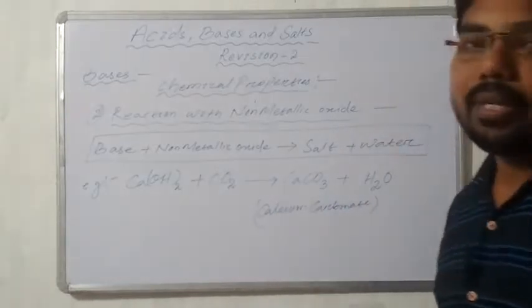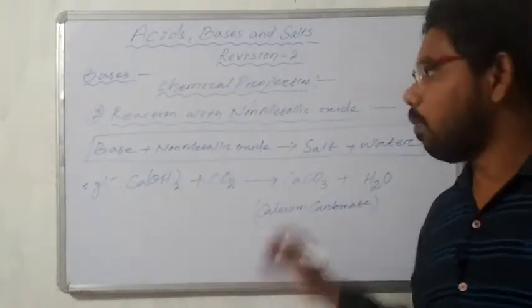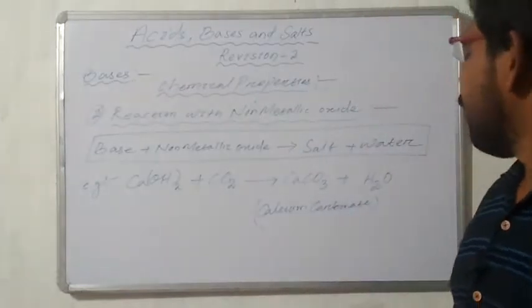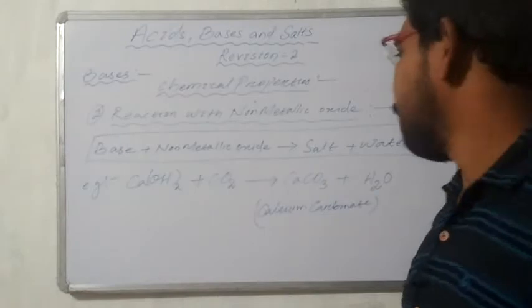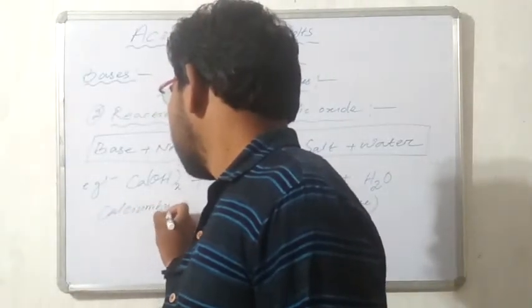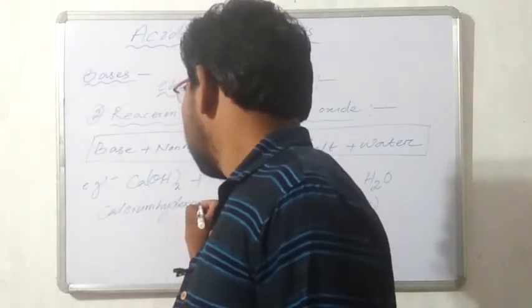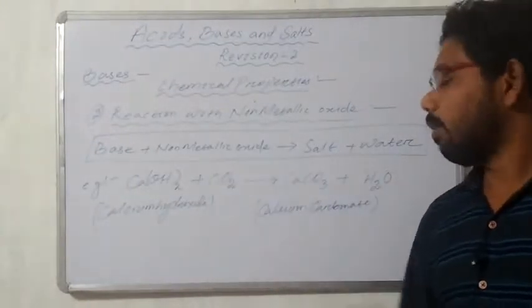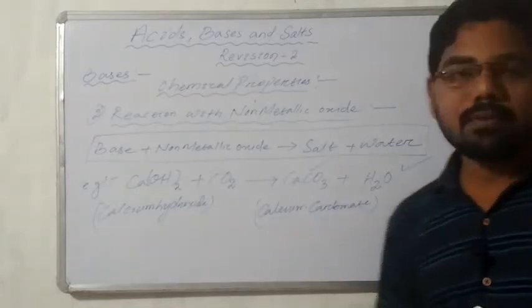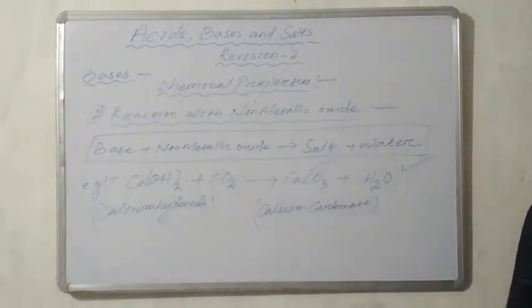This calcium carbonate is used for whitewashing, which is used for whitening walls. Its common name is limestone. So calcium hydroxide is a base, and it reacts with a non-metallic oxide, CO2. Then calcium carbonate salt and water are formed. This is the reaction of non-metallic oxides with base.